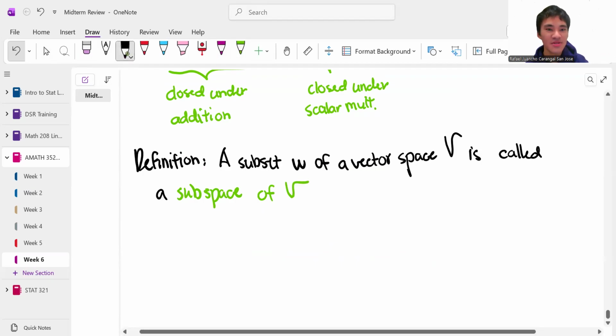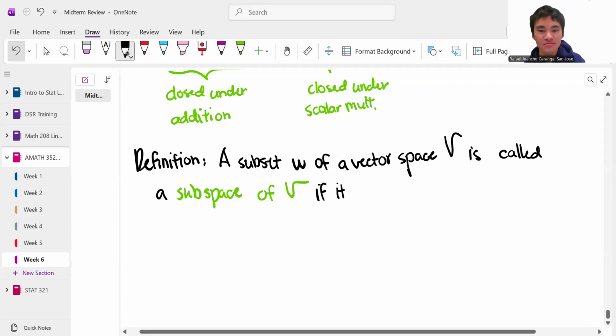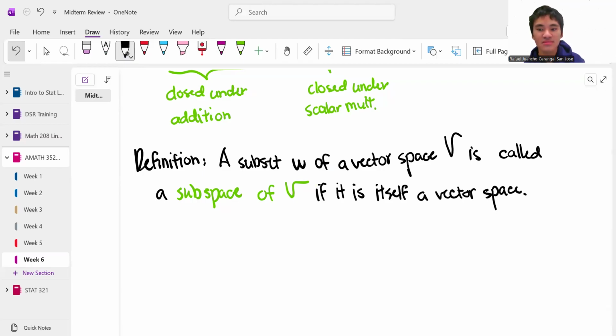Mathematicians give very original names. I'm being sarcastic. A subset can only be called a subspace if it is itself a vector space.